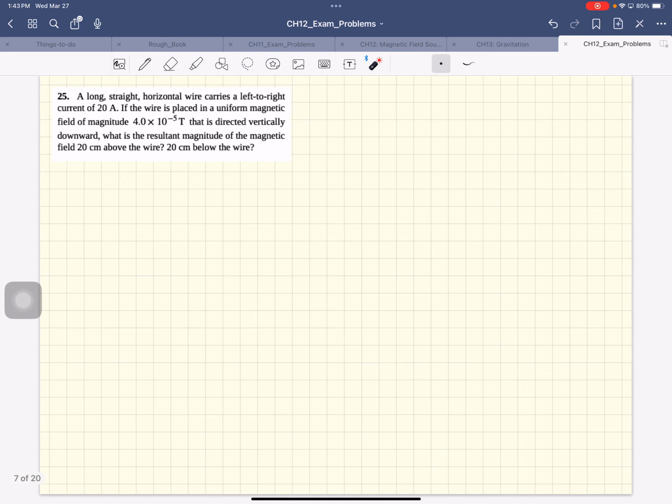All right, so this problem says a long straight horizontal wire carries a left to right current of 20 amps. So here is a wire carrying a current of 20 amps. The wire is placed in a uniform magnetic field of magnitude 4 times 10 to the minus 5 Tesla, roughly the Earth's magnetic field, that is directed vertically downward.